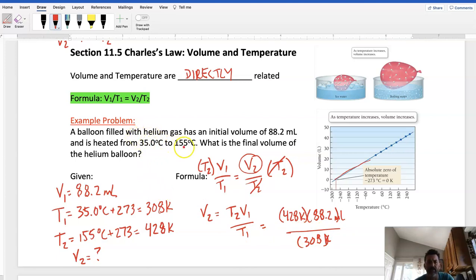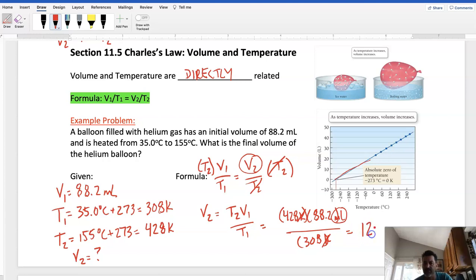All right, now in this one we can do the same thing. The temperature is going up. If these are directly related, that means the volume has to go up. So it should be bigger than 88.2 if we're doing this right. And then again, the Kelvins cancel out. So what we're left with is milliliters. That should be the unit for my answer. Okay, so now I'm just going to do 428 times 88.2, and I'm going to divide that by 308, and I should get 122.56.